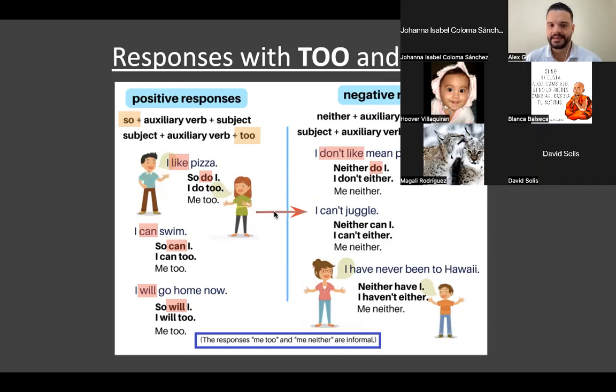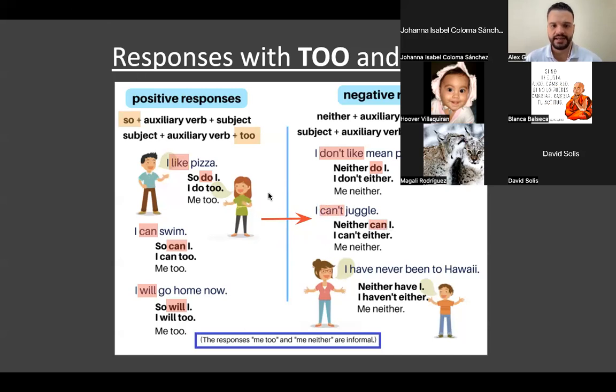What about the next example here? Hoover, can you read the next example? I can't yogurt. Neither can I. I can't either. Me neither. Excellent. And again, because we're using the modal verb can't, we're going to answer using can, okay?